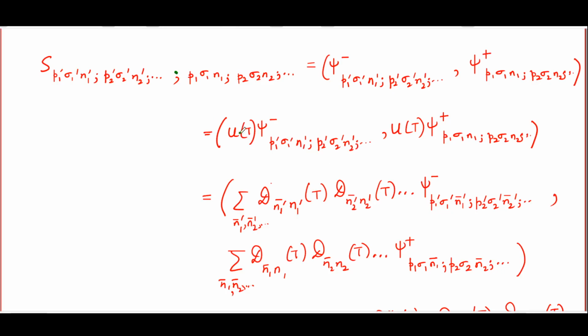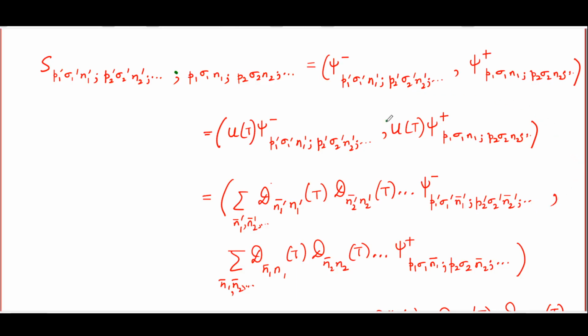Here, once you have applied U of T on both of the incoming and the outgoing particle states, you are going to get a linear combination. Remember, linear combination with the same momentum and spin components but different particle species labels. And we have just used bars on top of the particle species labels here. So, what happens when U of T acts on psi minus, P1 prime, sigma 1 prime, N1 prime, P2 prime, sigma 2 prime, N2 prime, etc. is a combination with these as coefficients, and the sum is over particle species labels which we have called N1 bar prime, N2 bar prime and so on.